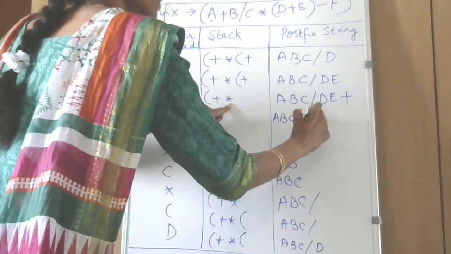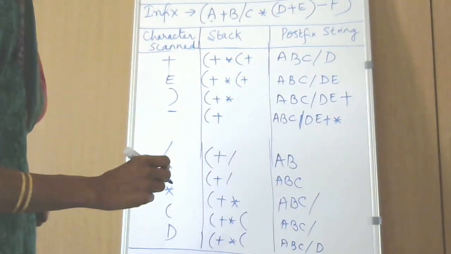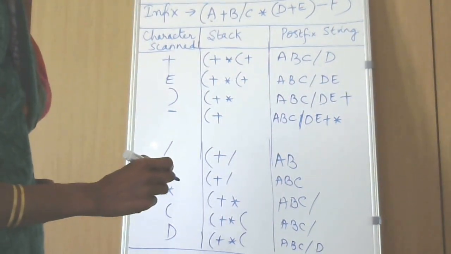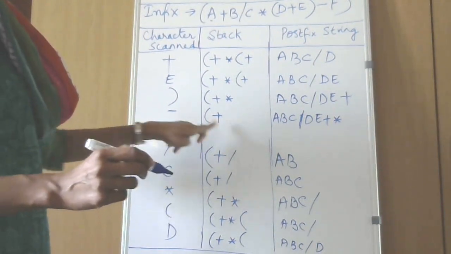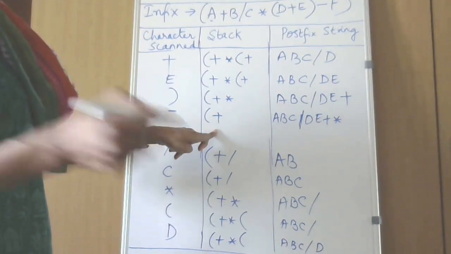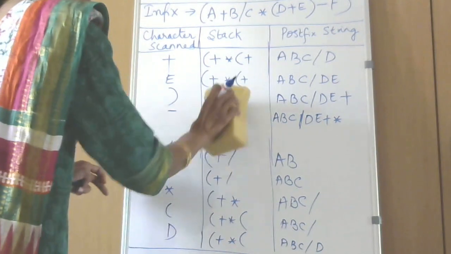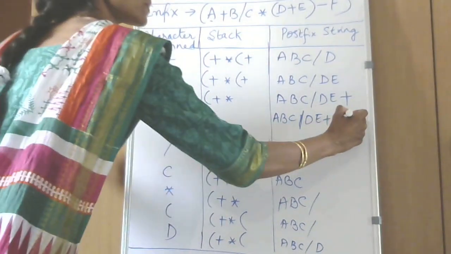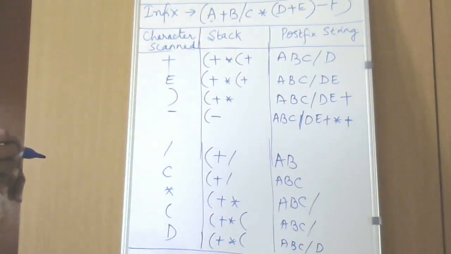A, B, C slash D, E plus, and then we get a star. Now, what is remaining is plus. Plus and minus are both of the same priority, so I will have to pop out the plus also. This minus will now get pushed. Right?